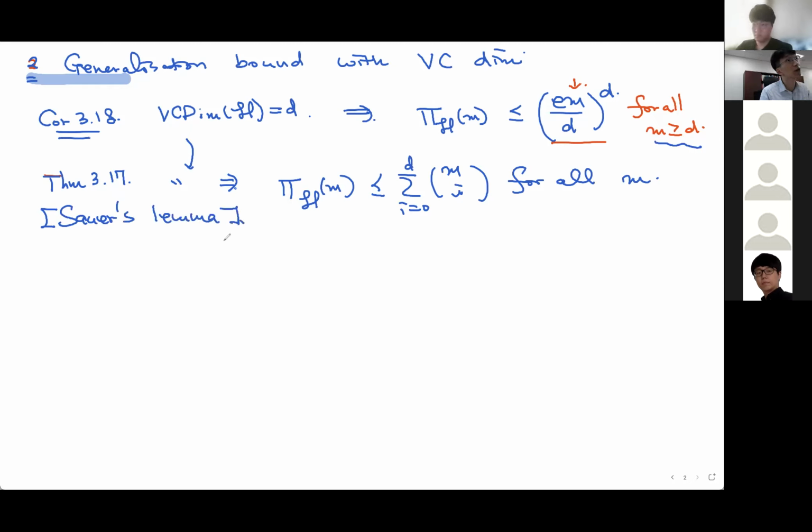As I said, we're going to prove this lemma later, but let's hold it for a while and assume this Source Lemma is true. Under this assumption, let's try to prove Corollary 3.19.